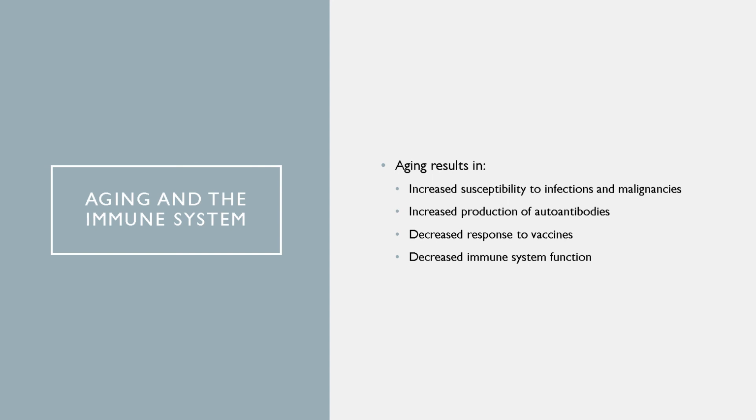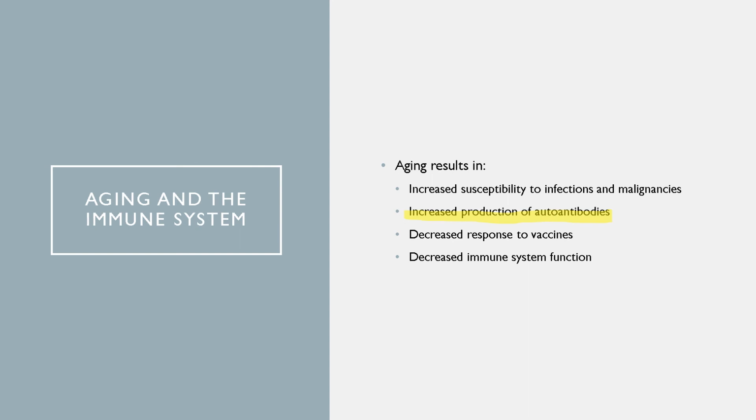With advancing age, most people become more susceptible to all types of infections and malignancies. Their responses to vaccines are going to be decreased, and they tend to produce more autoantibodies. These are going to be antibodies against their own body's molecules.